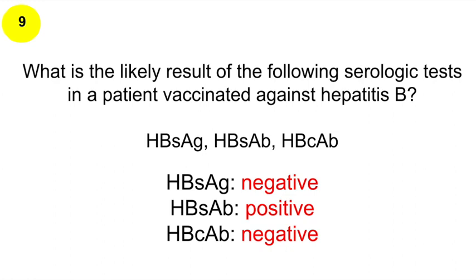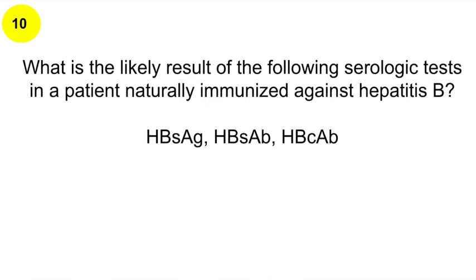What is the likely result of the following serologic test in a patient naturally immunized against hepatitis B? Well, the hepatitis surface antigen is negative, hepatitis surface antibody is positive, and the hepatitis core antibody is also positive.